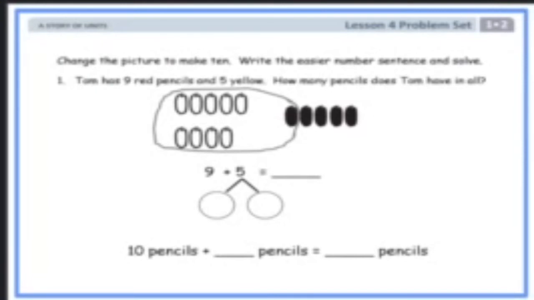This is our worksheet. It said change the picture to make 10. Write the easier number sentence and solve. Tom has 9 red pencils and 5 yellow. Now, how many pencils does Tom have in all? You can see the 9 and the 5, and they're taking 1 from the 5 to make 10 with the 9.